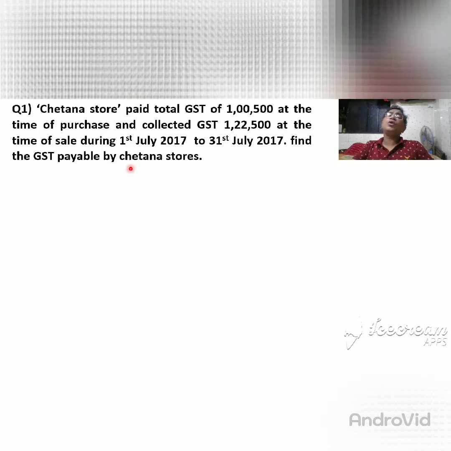If you want to find out how much GST is paid by Chetna Store, it is very easy. GST collected is 1,22,500 minus GST paid at the time of purchase, 1,500,000. Whatever the difference is, that difference is the GST paid by Chetna Store. Do you understand what I say?